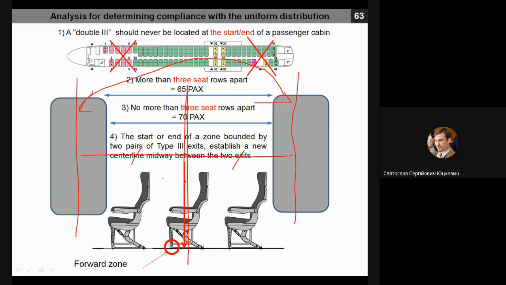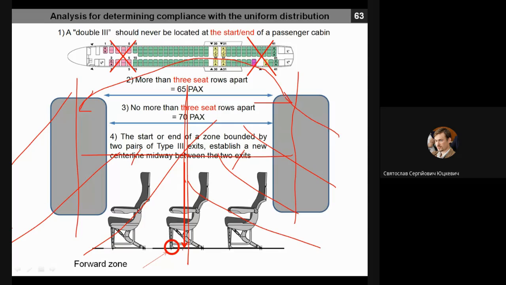Will they be passengers of the forward part, or passengers of the aft part of the cabin? So to determine the address, we will use the forward fitting of the seat. If it is to the left of the mid line, then these passengers are the forward compartment passengers.